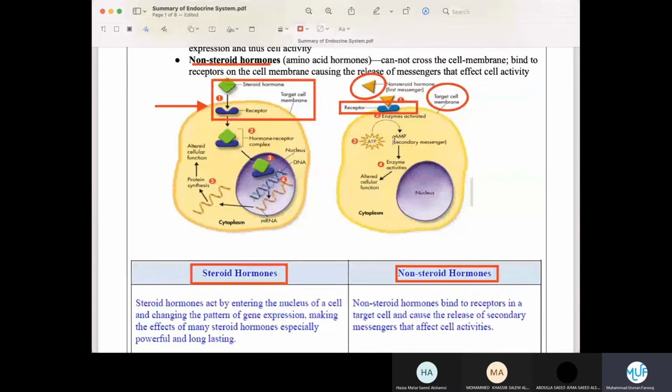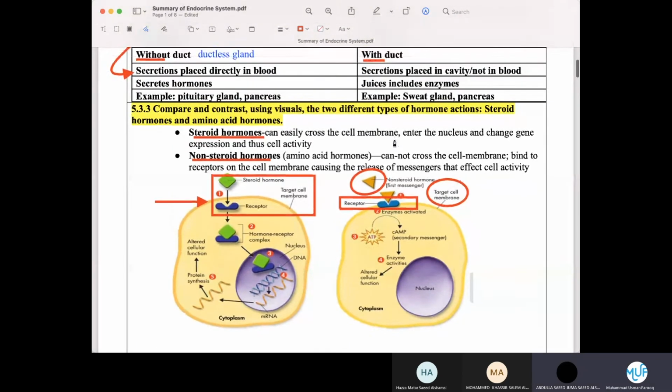In fact, both need a receptor. Definitely, both need a receptor. But one of them needs a receptor on the cell surface membrane. Which one is that? Non-steroid hormones. Very good.